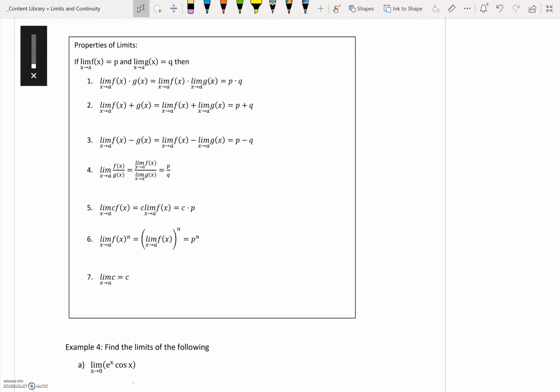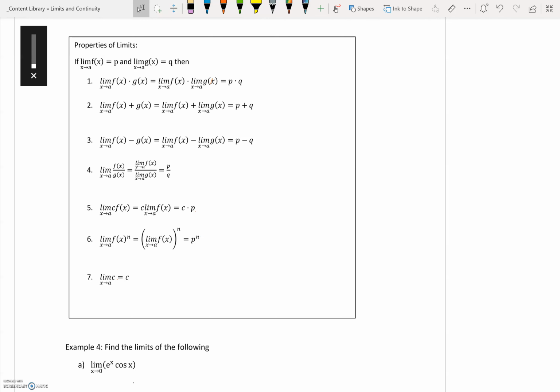5, 6, and 7 are a bit different. So 5, we're just saying the constant that's in front of your f of x, we can pull this out to the front. So let's just say it's 5 of x. We can pull it out to the front, so your 5 is at the front of the limit sign. Evaluate the limit. So it could be 5 times whatever your evaluated limit is.